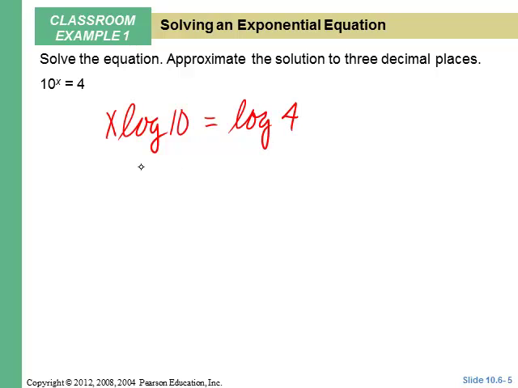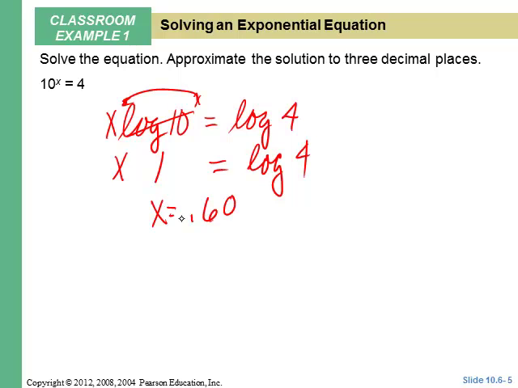So we took this 10 to the x, remember that x here is the same as x out front, but this part here, log 10, is 1, so we have x equals the log of 4. So now we just press on our calculators the log of 4, and we get 0.60, so x equals 0.6021.